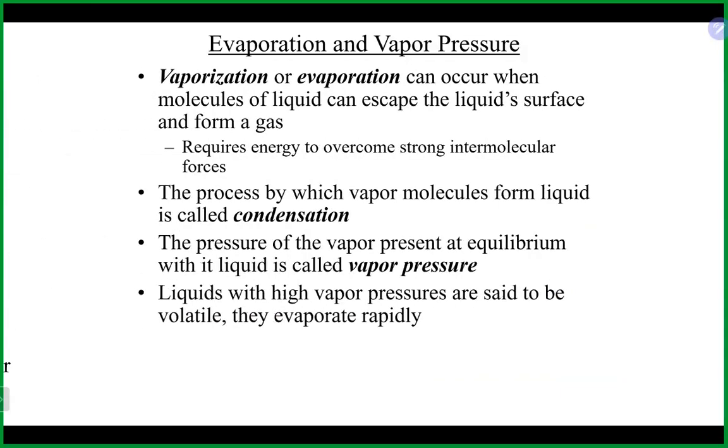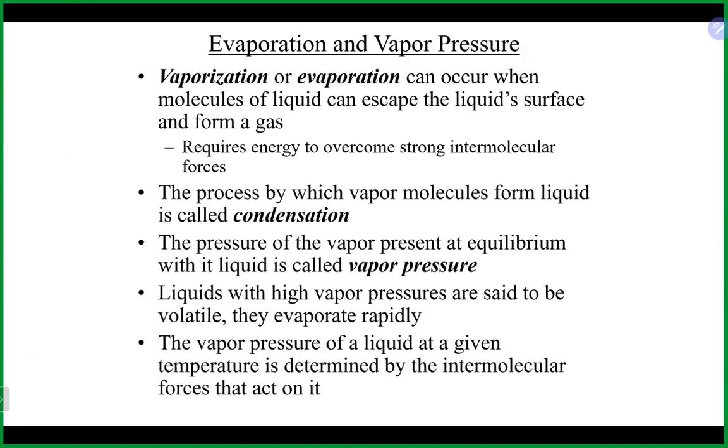Evaporation and vapor pressure. Vaporization or evaporation, again, is what is happening at the surface of any liquid. At the surface of any liquid, you essentially have molecules jumping out into the gas phase, and slower moving gas molecules jumping back into the liquid phase.